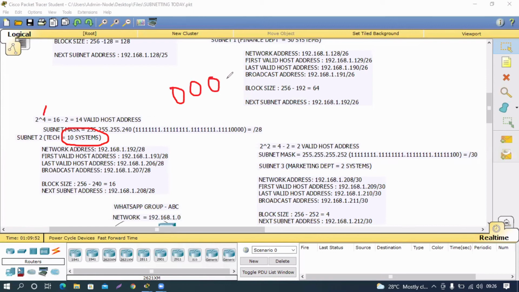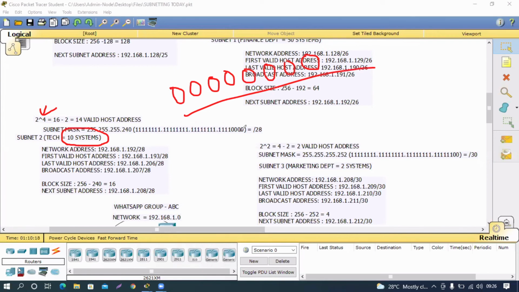Total 8 host bits. 24 bits are network and 8 bits are host. Yes or no? So out of 8 host bits, how many host bits do you need? 4, right?